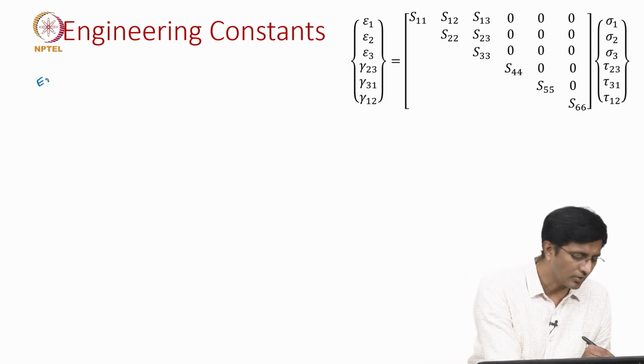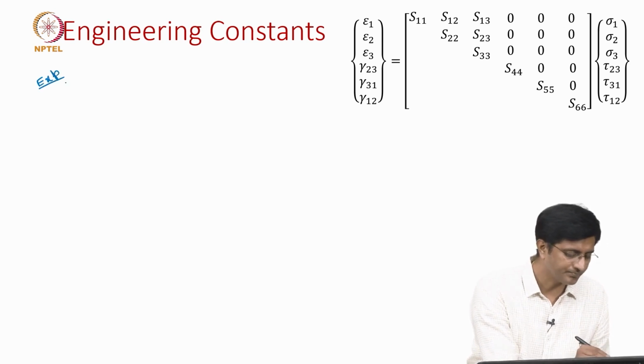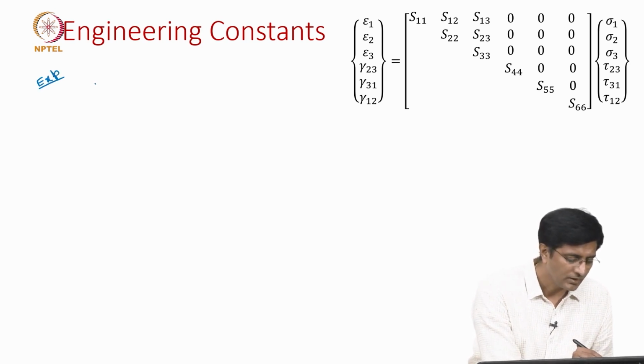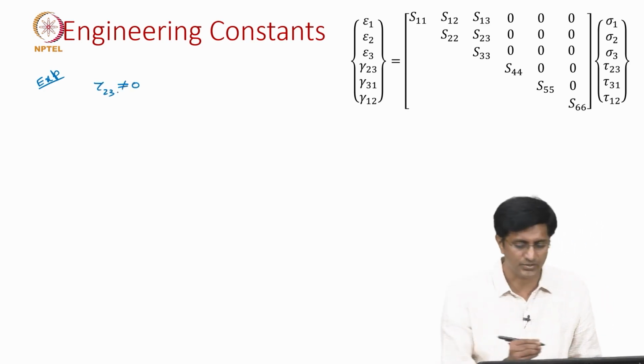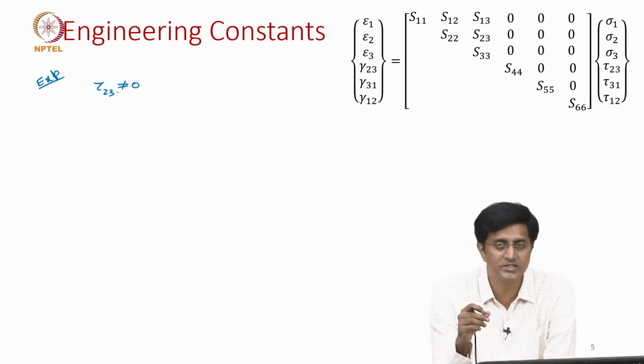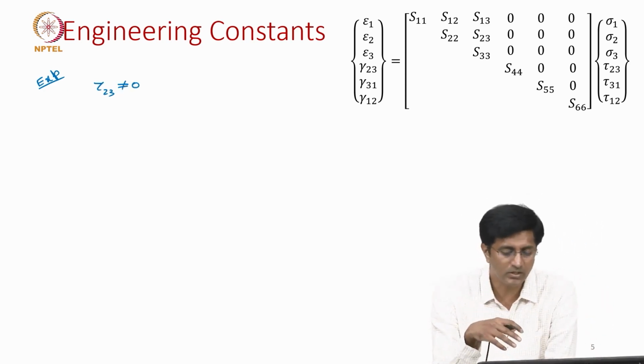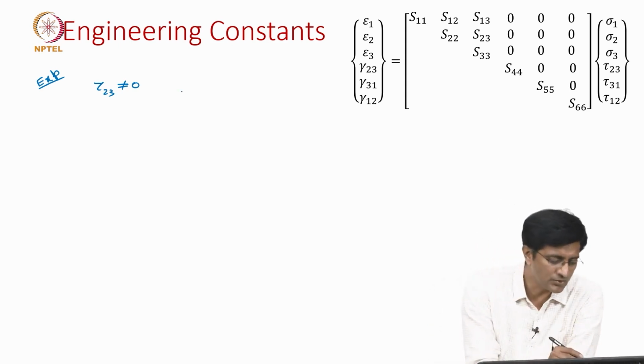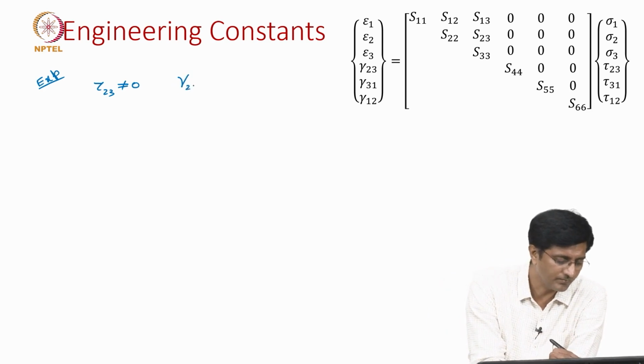So, now again we are talking about a different experiment. Now, let us say tau 23 is the only non-zero stress. So, from looking at this expression, what are the non-zero strains which are observed? We see that there is only one non-zero strain, which is gamma 23.